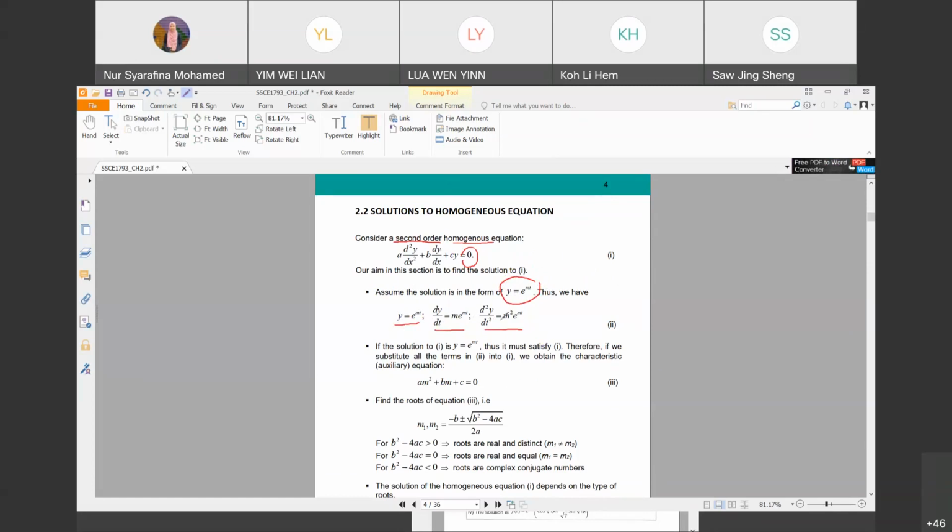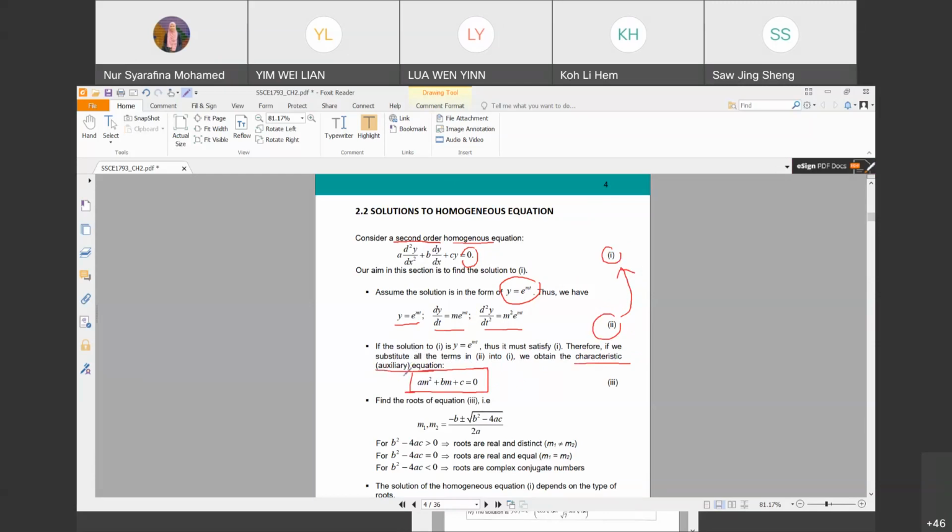Now, if the solution to equation 1 is y equals e to the power of mt, it must satisfy the first equation. Therefore, if we substitute all the terms in 2 into 1, we obtain the auxiliary equation, the characteristic equation.